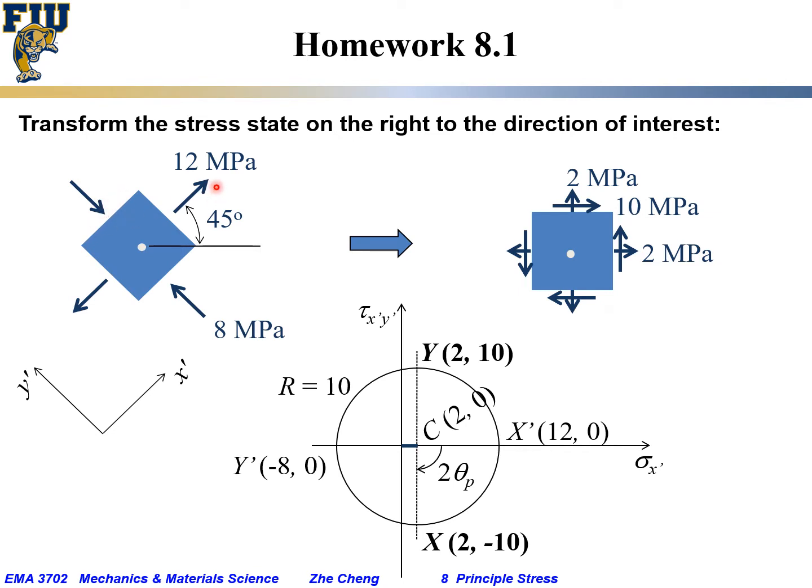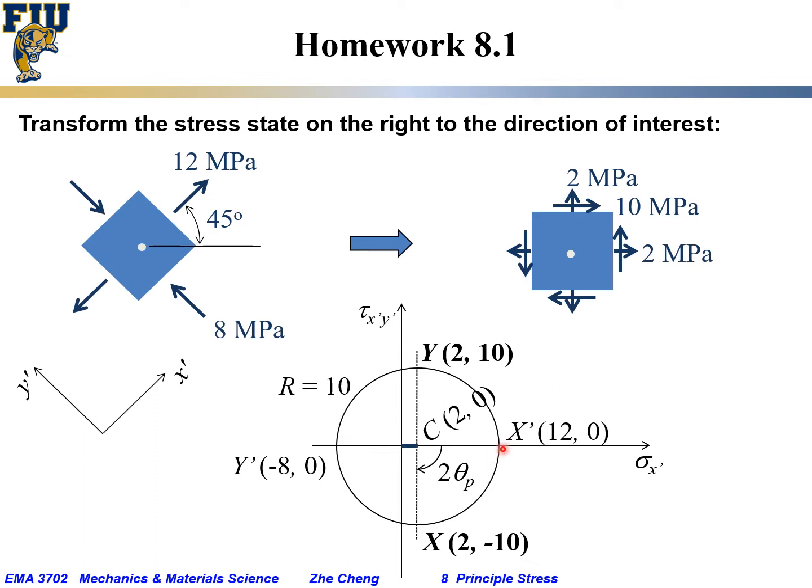So we know the coordinates for two related points on the Mohr circle just based on this.